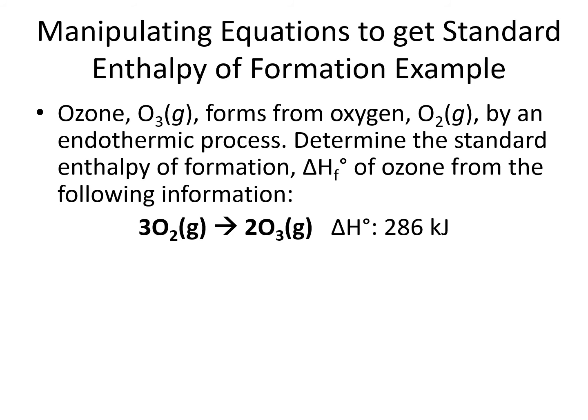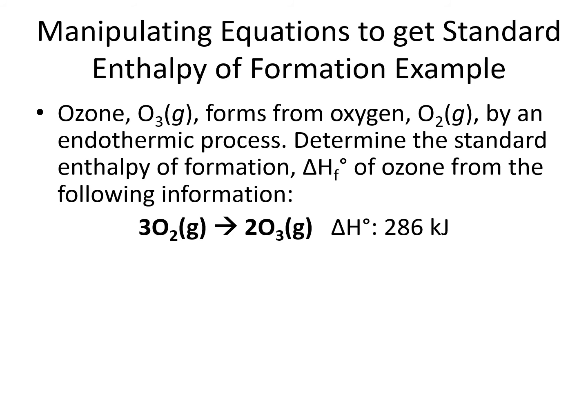Sometimes we'll be given an equation and we'll want to manipulate it to get it into the correct form. Our enthalpy of formation reactions have a very specific form that they need to be in order for it to count as an enthalpy of formation. So in this example, we have a reaction of 3O2 going to 2O3 gas.